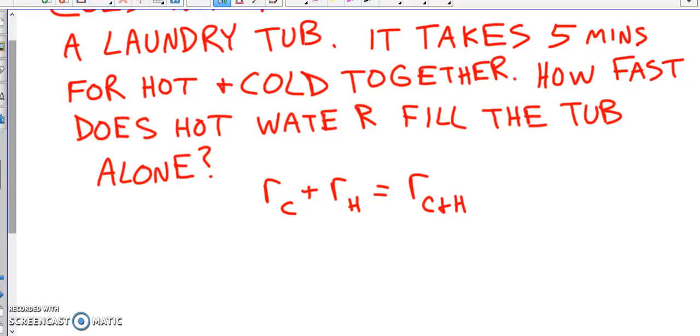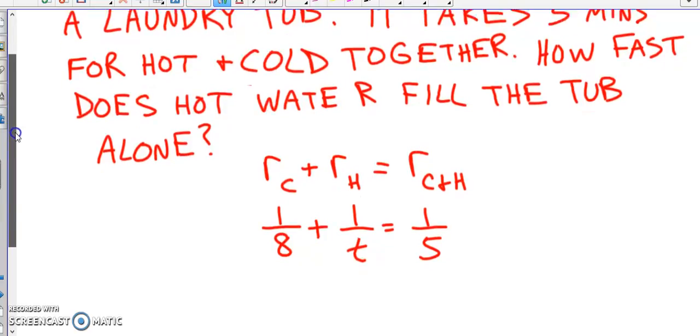So if it takes 8 minutes for the cold to fill the laundry tub, how much of the tub gets filled every minute? If it takes 8 minutes, it stands to reason that 1/8 of the tub would get filled every minute. So this would be 1/8 plus, I don't know how long the hot water takes, so it's going to be 1/T. And then the rate at which the cold and the hot together fills would be 1/5 of a tub per minute.